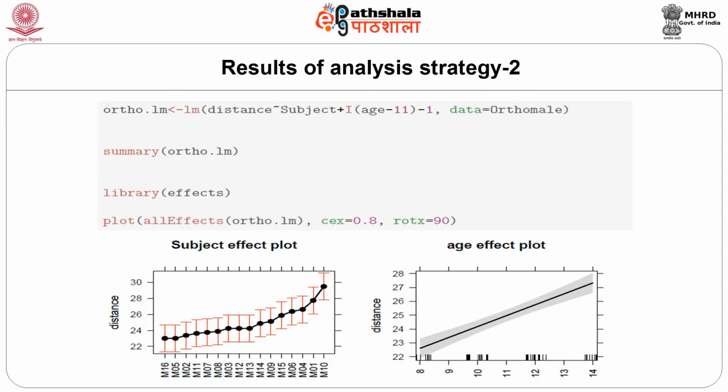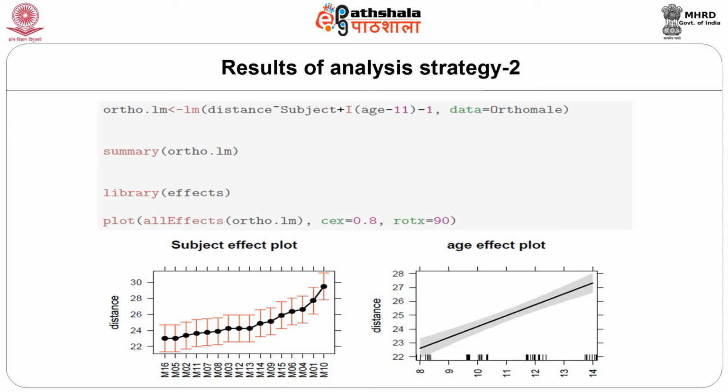This model can be very easily fitted using the command lm. So we all know lm stands for the linear model command, and so lm is distance explained by subject. Note the use of the factor subject, and I have given -1 to have a different representation, so -1 means without intercept.